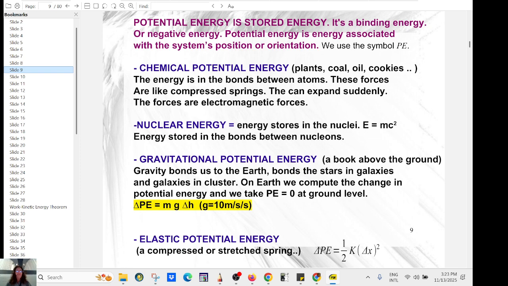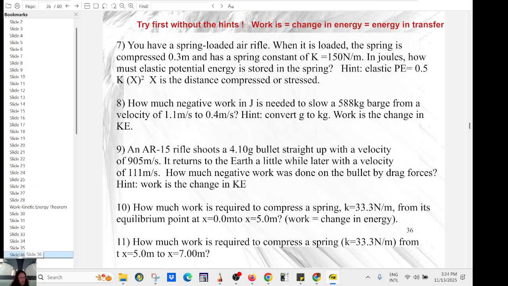And you have elastic potential energy in a spring that you stretch or compress, and that will be equal to 1/2 k delta x squared, the change in length squared, and k is a spring constant. It depends how stiff the spring is.